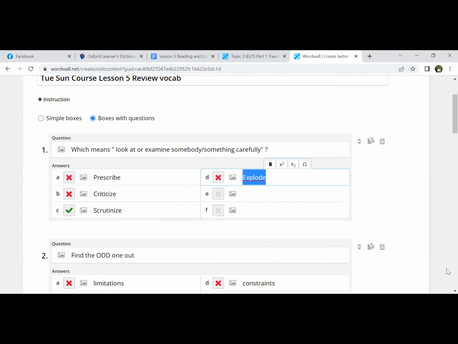And here, there's this word. We learned the noun form before, but I hope that you recognize the verb form. What does it mean? This is explode. This is the verb that usually goes with the bomb.